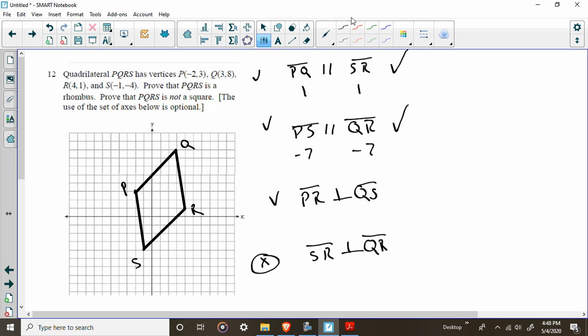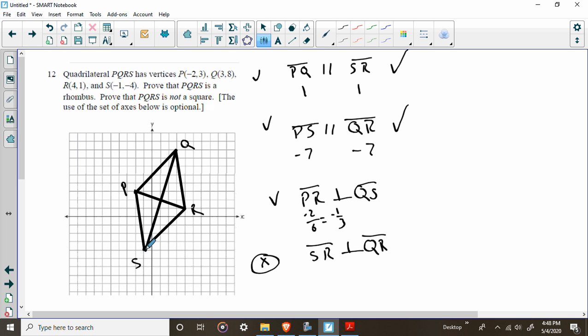Are the diagonals perpendicular? They look it, right? So from PR, I'm going down 1, 2, over 1, 2, 3, 4, 5, 6. So we're going down 2 over 6, which is also going to be -1/3.